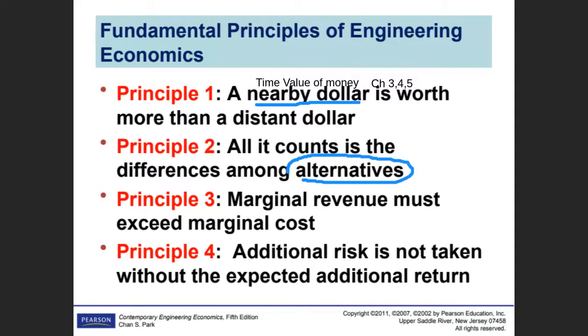Now, principle number 2: all that counts is the difference among alternatives. What do we mean by this? You are making a decision. I'll give you an example for a CNC lathe machine and, let's say, a manual lathe machine.